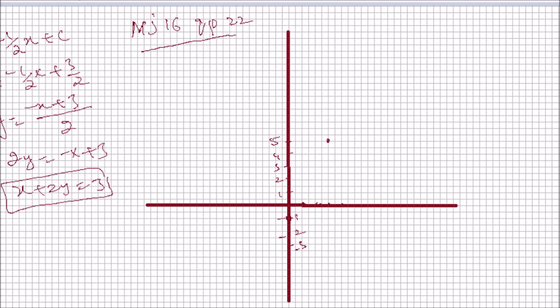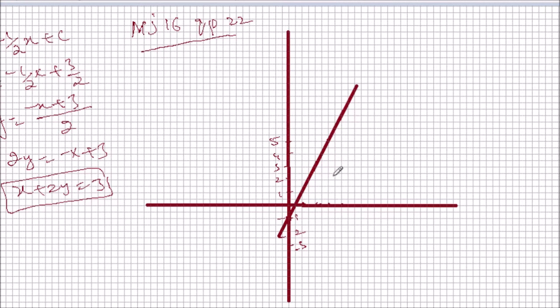So this is the line given to you in the past paper. Please see the past paper question so that it's more clear to you. Now I took these 2 points from this grid.